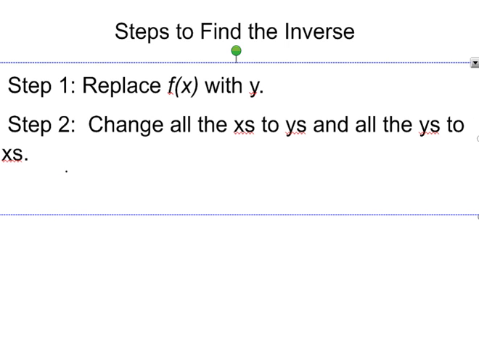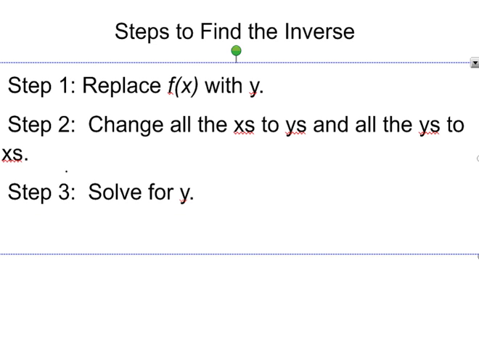All right. You just do exactly what it says. Change all the x's to y's and y's to x's. And in the next video, I'll show you a few examples of this. Step 3, you solve for y. So we switched our inputs and outputs, and then we're solving for our output again.